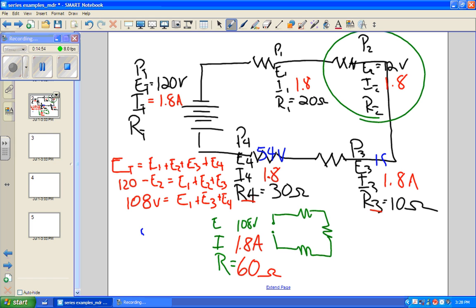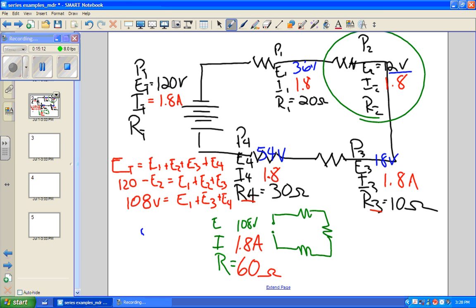Okay, 1.8 times 10, 18 volts. Okay, and we have 12 volts here, and then 1.8 times 20 is what? 36. Thank you.